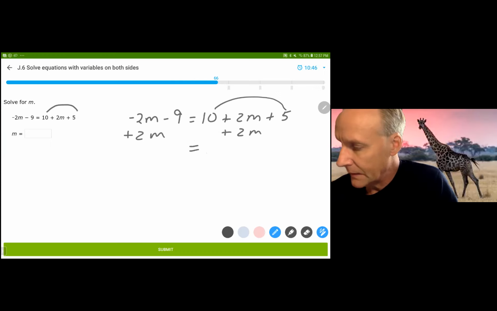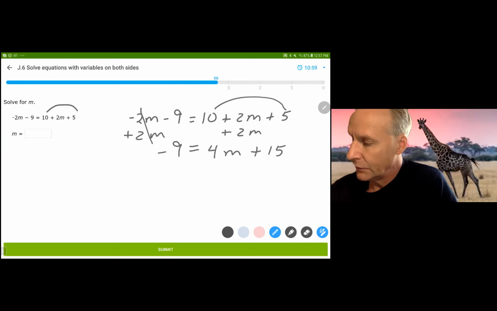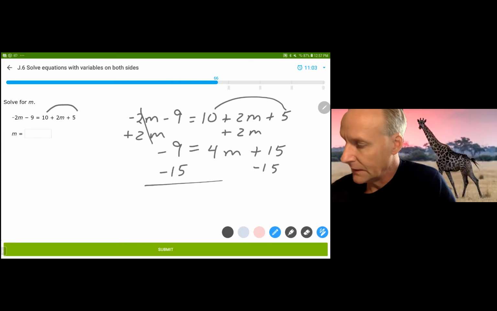So I get 4m plus 15 on this side of the equation. And on this side of the equation, we have a negative 2m, plus 2m is 0, and we have a negative 9 by itself. We then need to subtract 15 from both sides and get the negative 24.